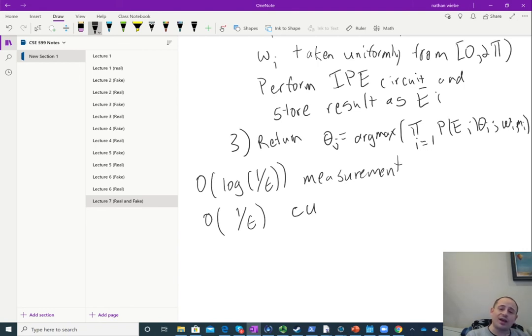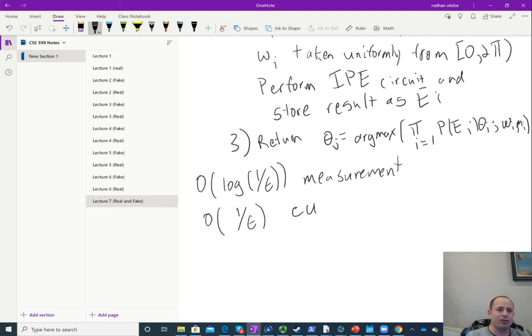So this is a fantastic way for us to learn eigenvalues. And we'll see later, after we cover Grover search, that this can also be used to estimate probabilities too, just by recasting probabilities through Grover search or amplitude amplification as an eigenvalue problem. So that is iterative phase estimation in a nutshell.